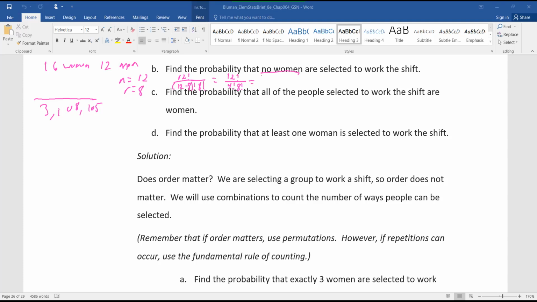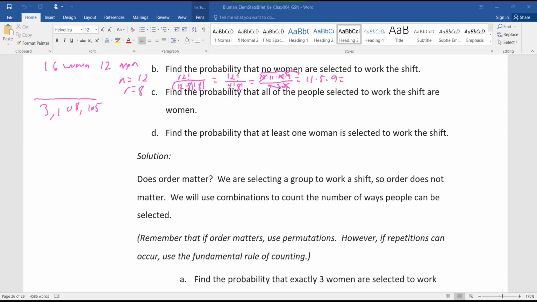You would now get 12 times 11 times 10 times 9, since the 8 factorial will cancel out the rest, divided by 4 times 3 times 2. Anything else I can reduce? 4 times 3 is 12, so the 12 goes away. 2 goes into 10 5 times. So now I get 11 times 5 times 9.